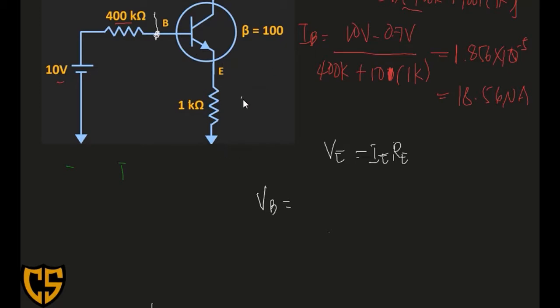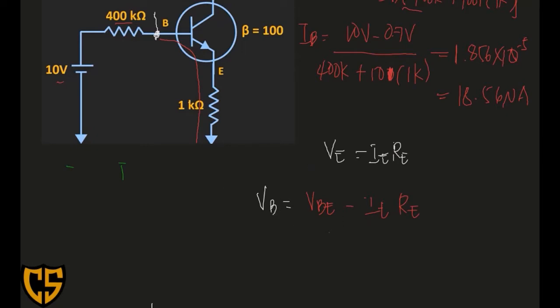In order to find the value of your VB, relative to ground, going from here to ground, that will be VBE plus IE RE. It is the same, going from here to there.